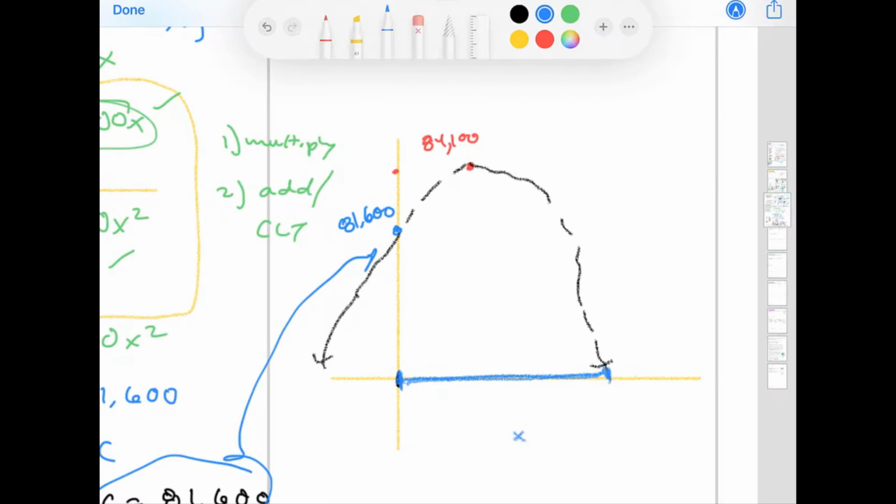So X represents the number of price increases, and this represents over here money, right? 84,000. You can't have negative. That's the reason why I don't have anything over there for X.